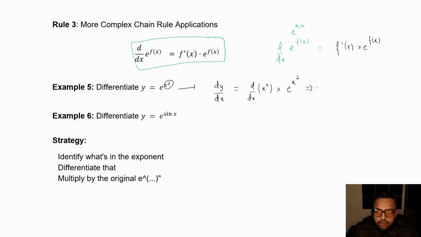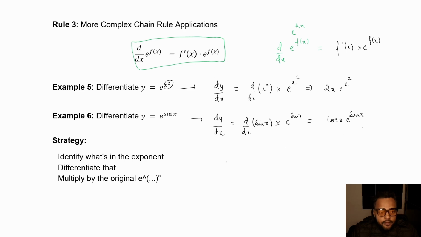On further calculating, you will get 2x cross e raised to the power x square. Similarly, for e raised to the power sine x, dy by dx equals d by dx of the function, that is sine x, cross e raised to the power sine x. The differentiation of sine x is cos x, so it will be cos x e raised to the power sine x.